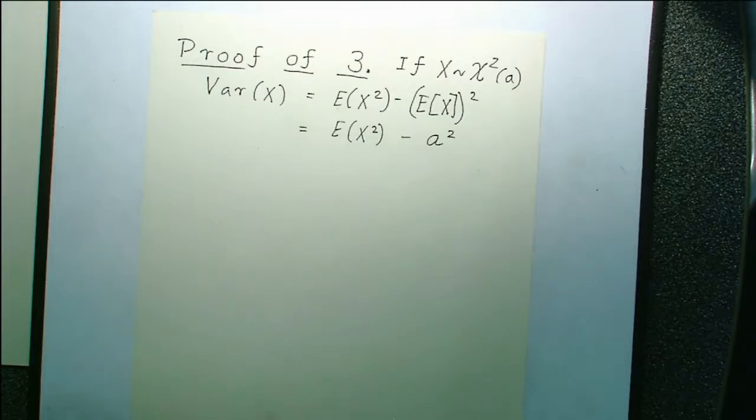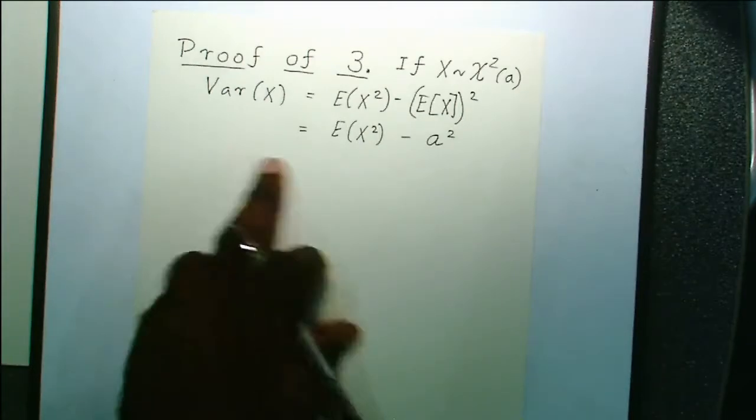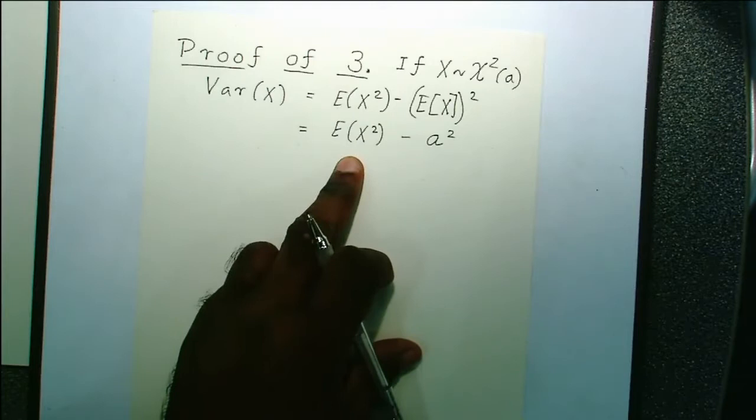So in order to derive the variance, we need to derive the expectation of the square of x.